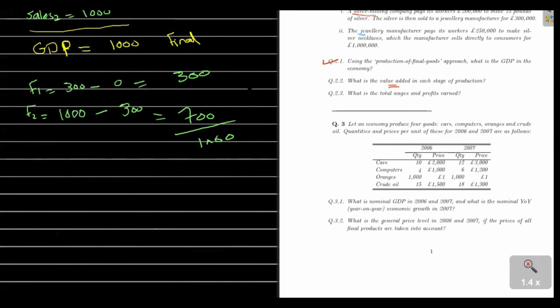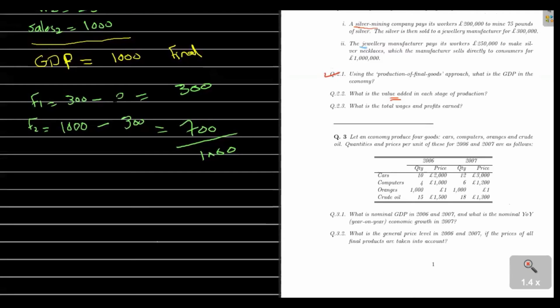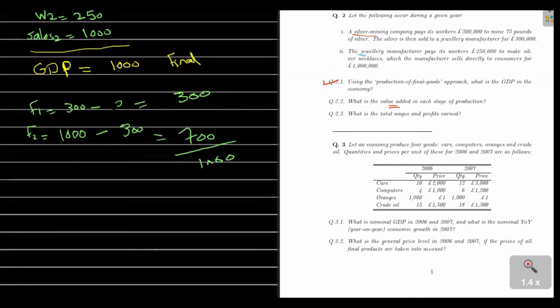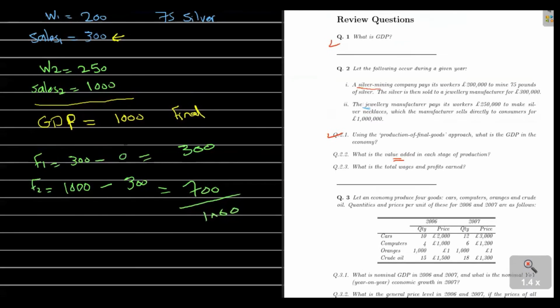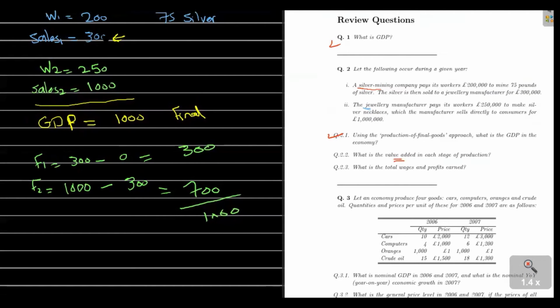So assuming that these are the only firms in this economy, we know that firm one pays 200,000 for wages. So basically, I could just add wages.